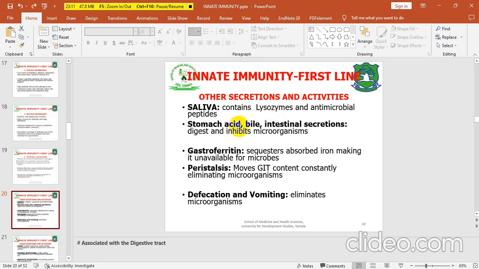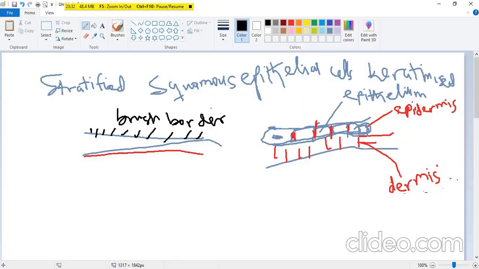So in the stomach, we have the stomach acid. The bowel also has bowel acid. We have intestinal secretions. They digest and inhibit microorganisms. Gastroferrin sequesters. Sequester means to hold something, or to grab something.